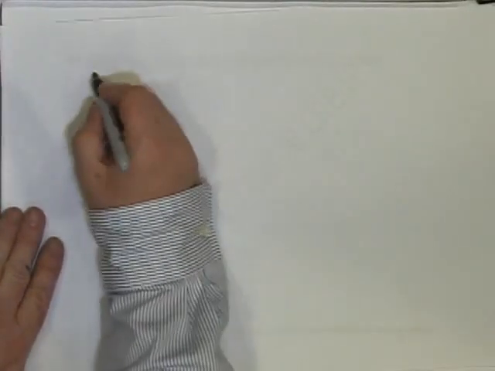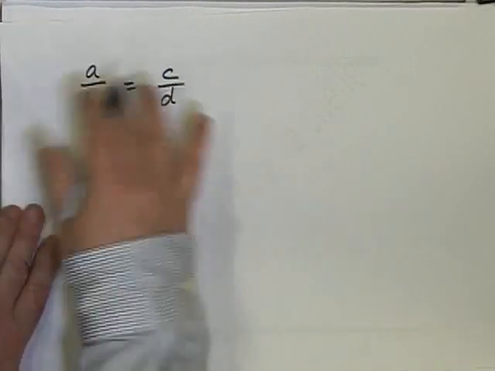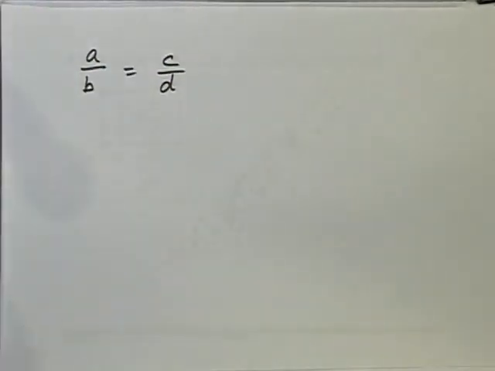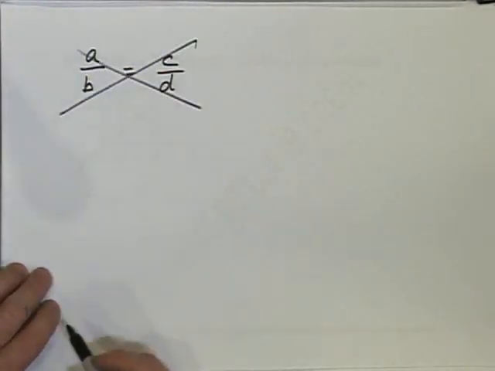Just one thing while we're at it. A number of you will be familiar with this one here. A over b is c over d. And how do you solve that? A number of you would be using this crisscross method. So you'd say a over b is c over d. How do I solve this? And a lot of you would say that times that is that times that.